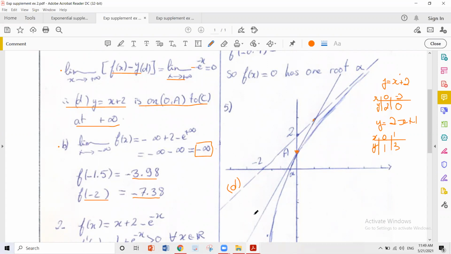This is the tangent. This is T. Tangent at point A.